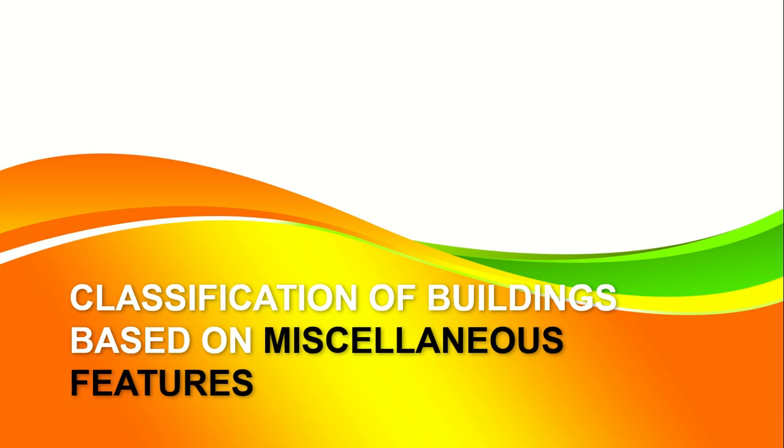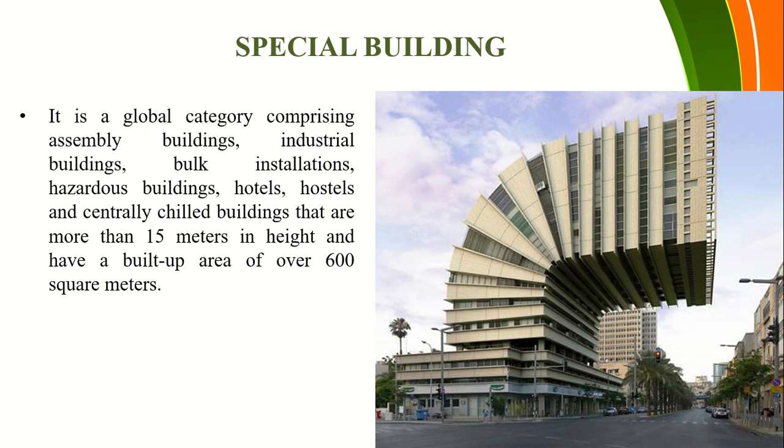Next comes classification of building based on some miscellaneous features. Under this we have two types: special buildings and multi-level car parking. First, coming to the special kind of buildings, this is an all-encompassing category which includes assembly buildings, industrial, wholesale establishments, hazardous buildings, hotels, hostels, and buildings with central air conditioning.